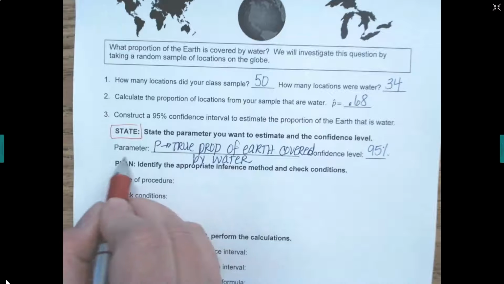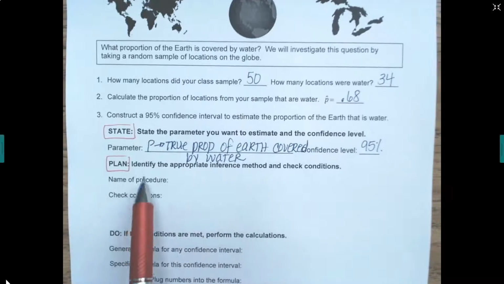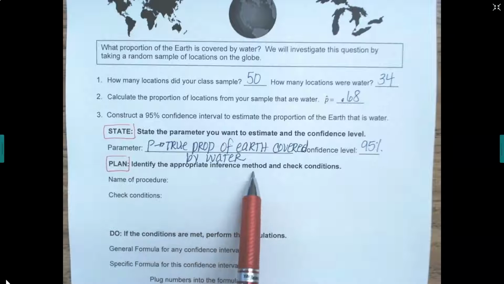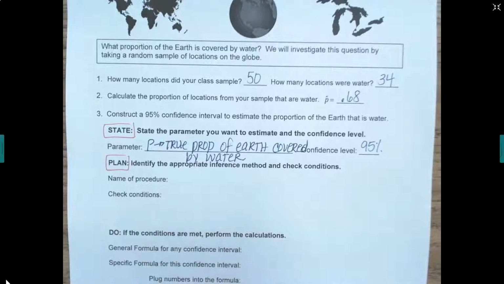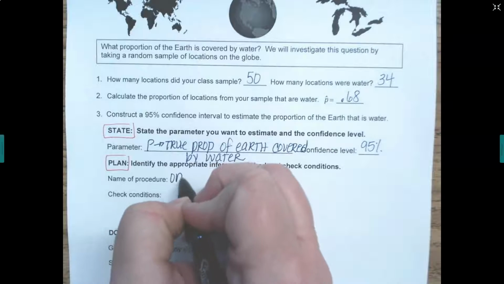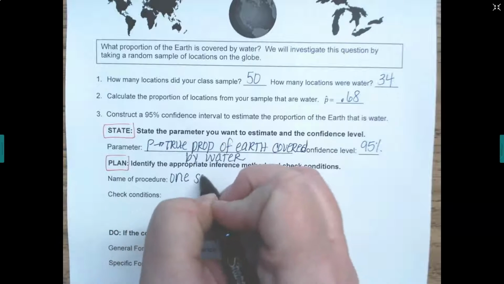Next, we're going to deal with the plan. The plan is where we're going to identify what we're doing, what's the whole purpose of what we're doing, and check our conditions that we discussed last time. So the name of this procedure is a one sample, because we're not talking about a difference of proportions here.